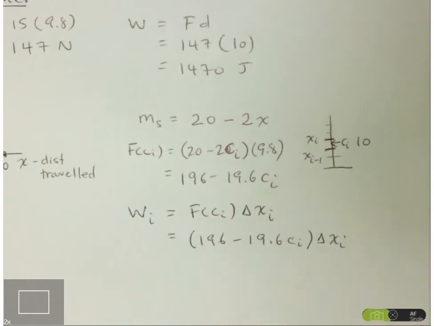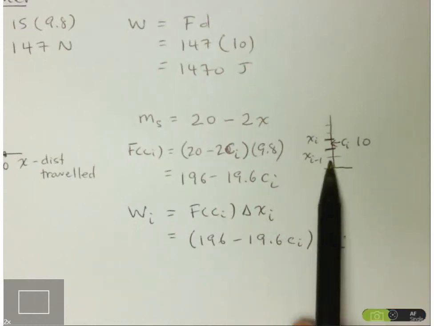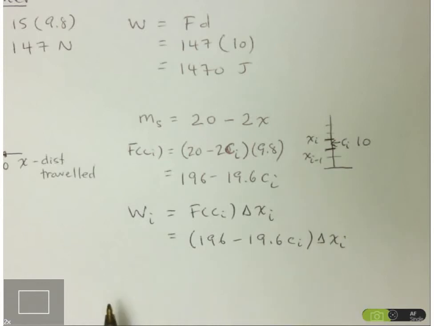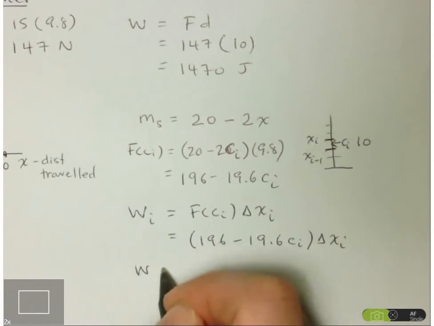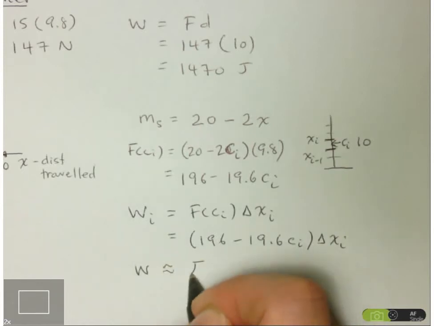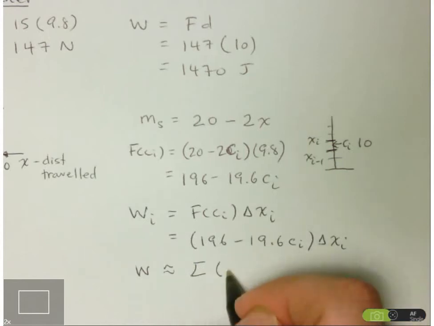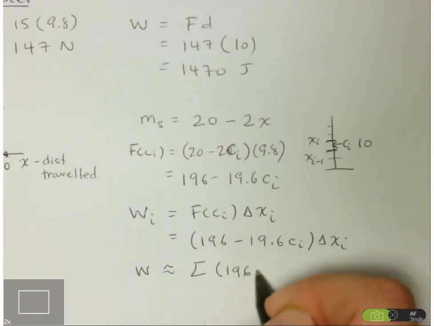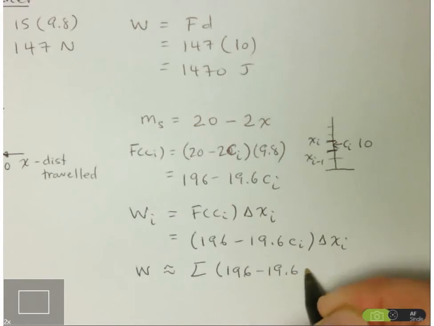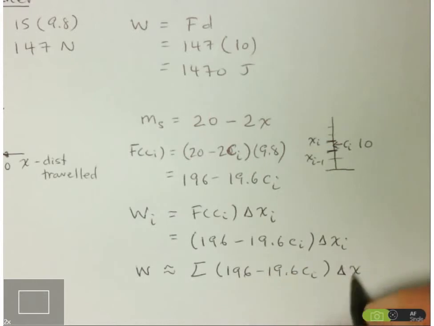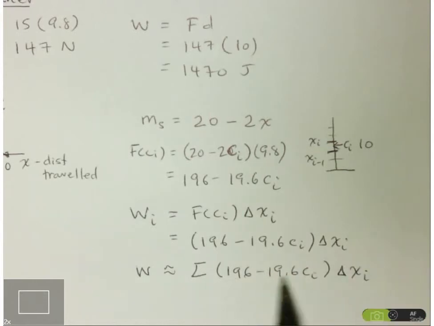And as we normally do, we now sum up all the work for each of the subintervals. So the work can be approximated by the sum of 196 minus 19.6 c_i times delta x_i. And if we look at this function, we notice that it's a continuous function, hence integrable.